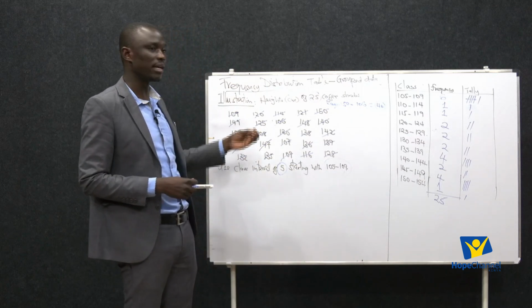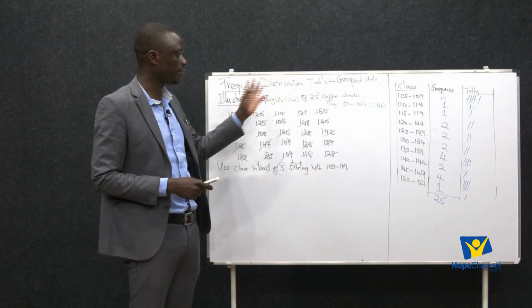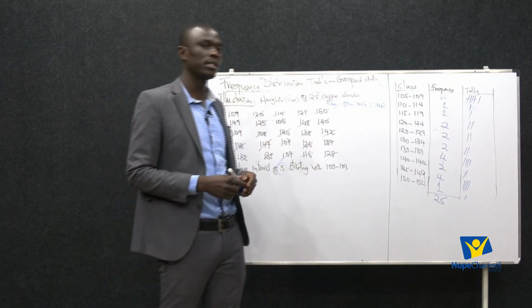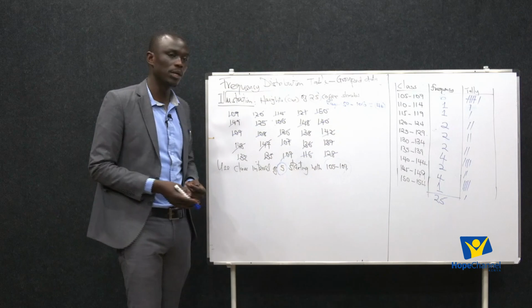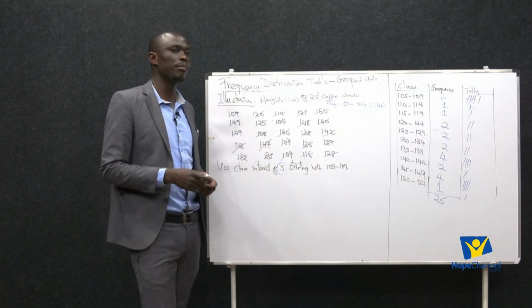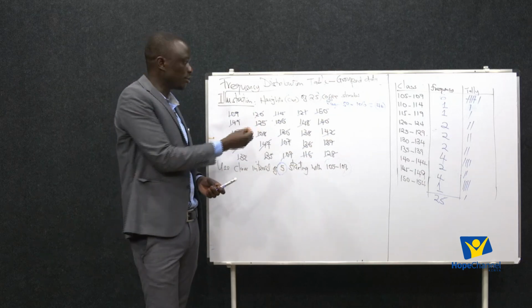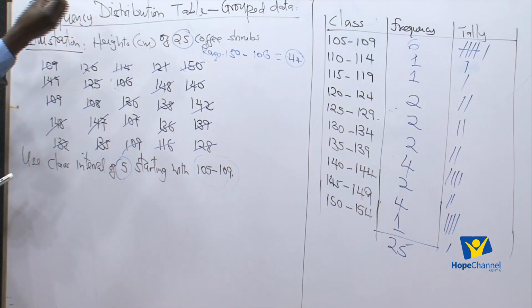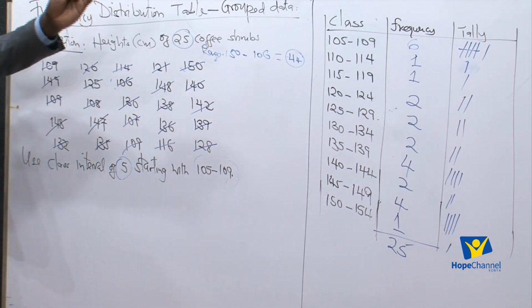This is an easy question that you can find and work out very fast without a lot of pressure, because it doesn't need you to be a mathematics guru to come up with a frequency distribution table. You have seen it's just a matter of using our 5 senses. Just use your observations, count them manually as you list.